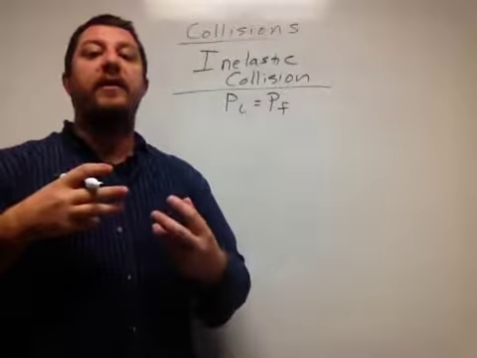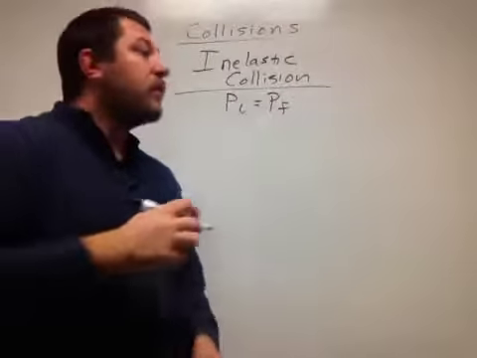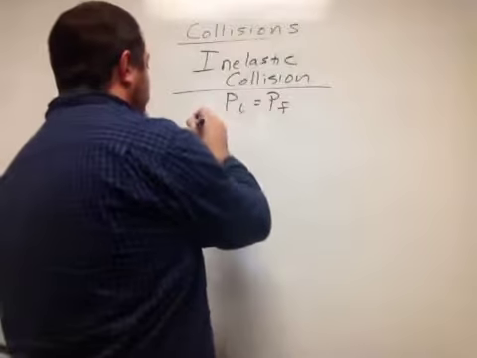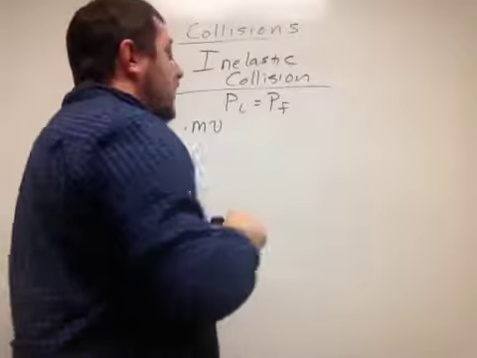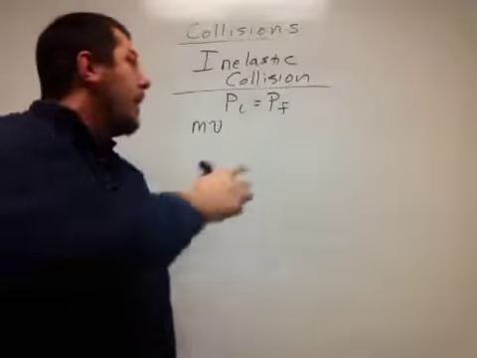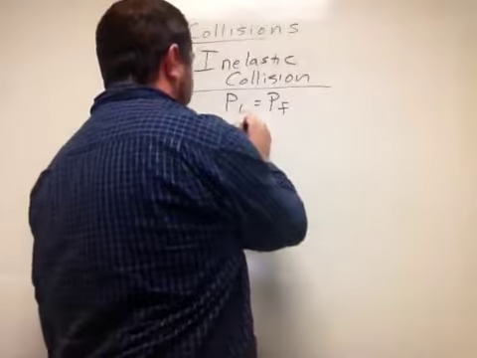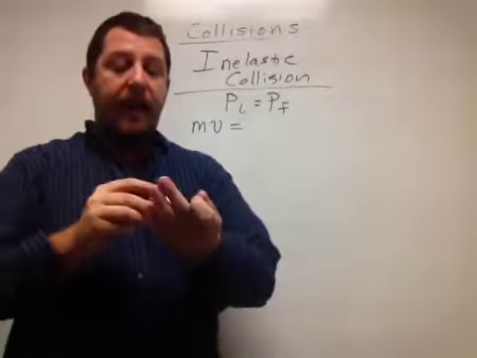So before the collision, how much momentum do I have? Well, I have the momentum wrapped up with my first object as it's moving. The first object is moving with an initial speed v and has a mass m, so the total initial momentum in my system is just mv. And then after the collision, what momentum am I going to have?